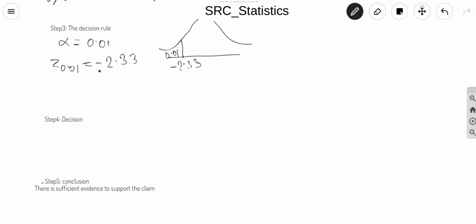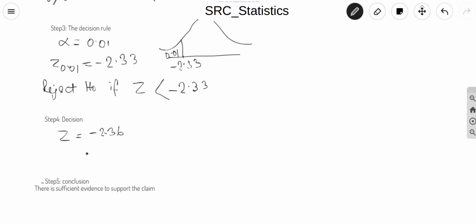Since this is a left tail test, the decision rule will be reject H naught if the value of the test statistic is on the left side of the critical value, that is Z less than negative 2.33. Now what is the value of the test statistic? Negative 2.36.